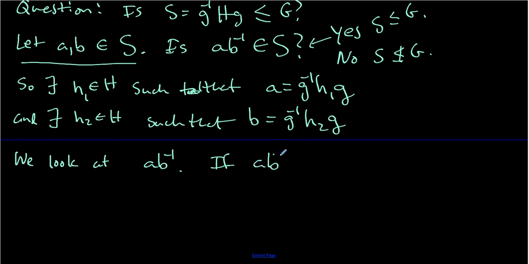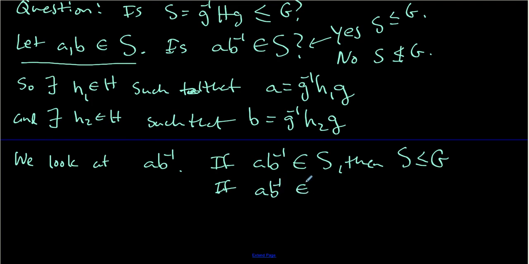If A times B inverse winds up being inside S, then S is indeed going to be a subgroup of G. If we can't show this, then we can't say that S is a subgroup.